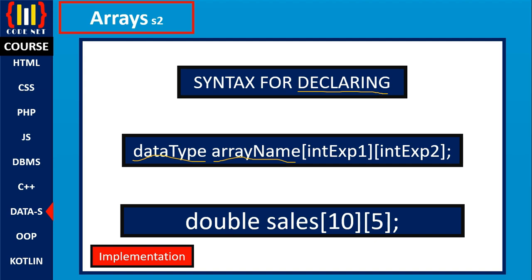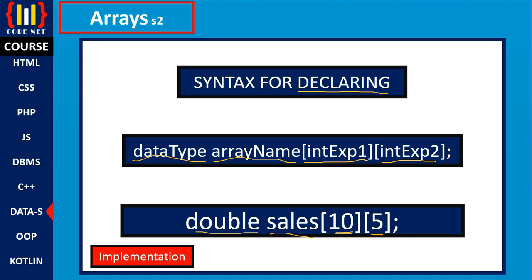We need to specify the total number of rows that we want this array to hold and the total number of columns. For example, if we say double, this is a data type, meaning the array we want to make should hold decimal numbers. This is double, and cells, that's the name, 10 rows of 5 columns.